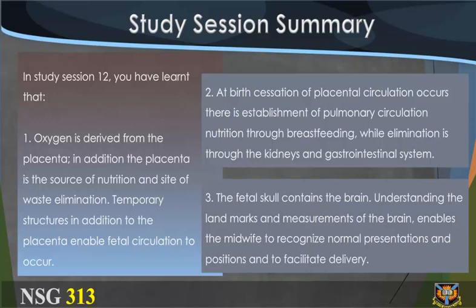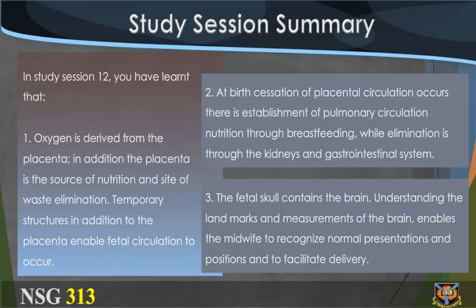Study section summary. In this study section, you have learned that: 1. Oxygen is derived from the placenta. In addition, the placenta is a source of nutrition and site of waste elimination. Temporary structures in addition to the placenta enable fetal circulation to occur. 2.